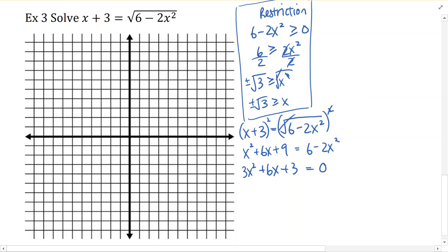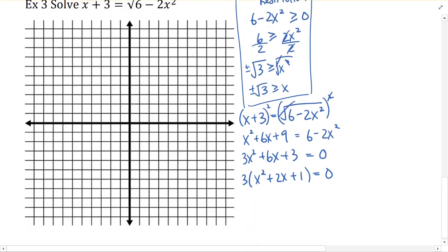At this point, it looks like it's going to be one of those scenarios where we have a equals something bigger than 1, right? But if you look again, hey, we can factor. So let's factor out that 3 first. Then we'll have x squared plus 2x plus 1 equals 0.